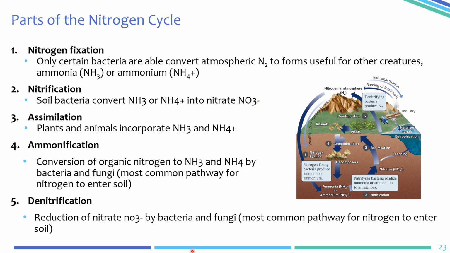And I realize there are a couple different forms of the ammonia and the nitrates. You're good to just know ammonia and nitrates as your keywords. And then you do need to know the role that bacteria and fungi have in this cycle. As always, I am happy to talk you through it during office hours if you have any questions.